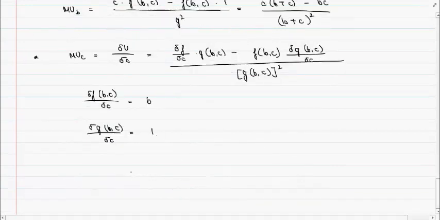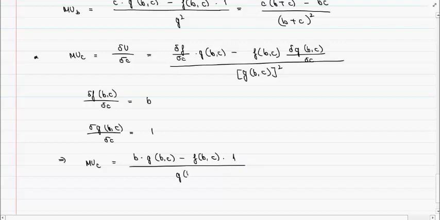So that will just give you 1. Therefore the marginal utility of c is equal to b times function g, minus function f times 1, and everything divided by function g squared.